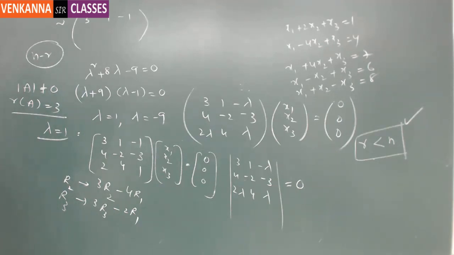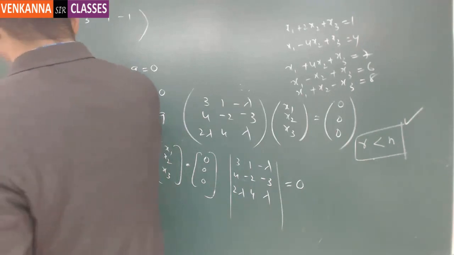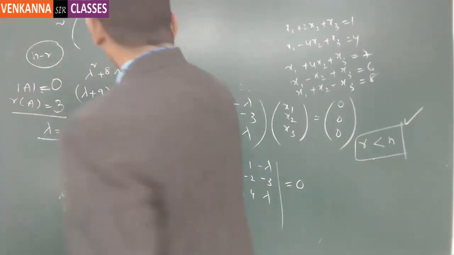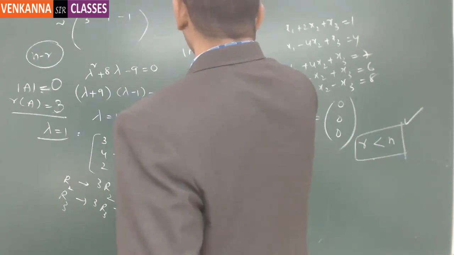If det is equal to 0, then rank will be less than 3.